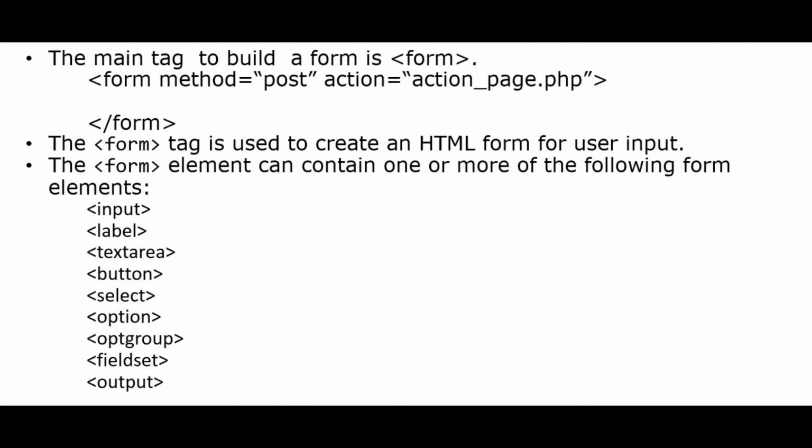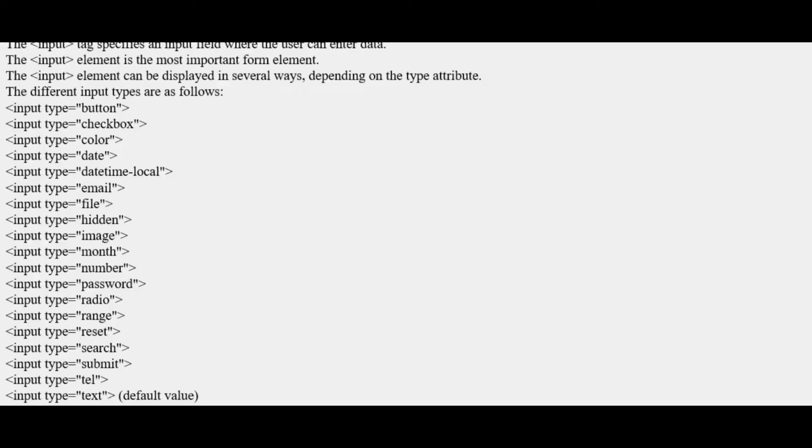The form element can contain one or more of the following form elements like input, label, textarea, button, select, option, optgroup, fieldset, output. These all tags are used in the form tag.